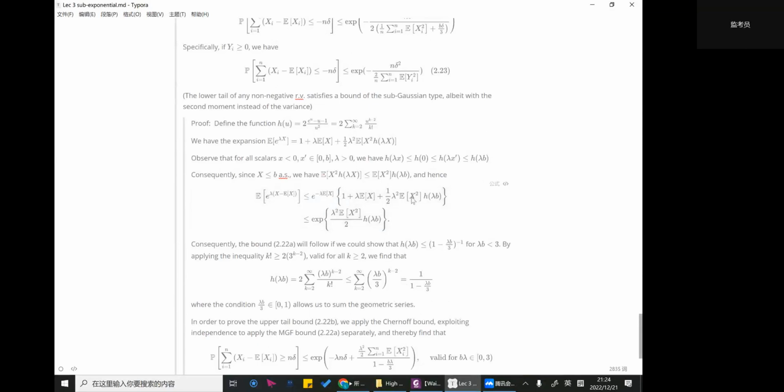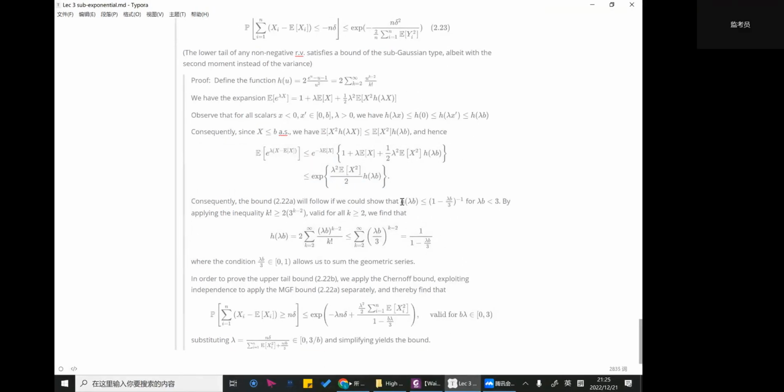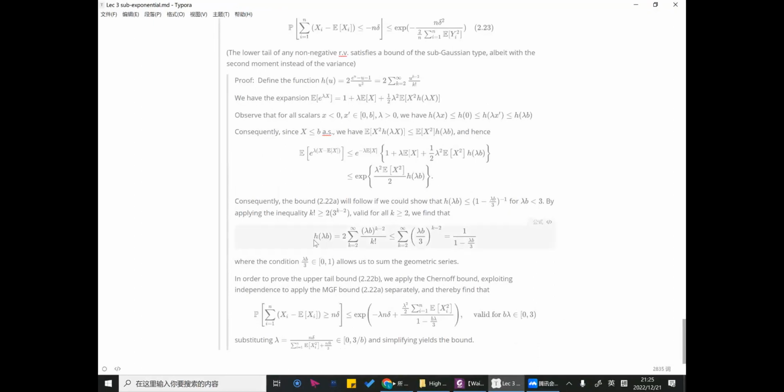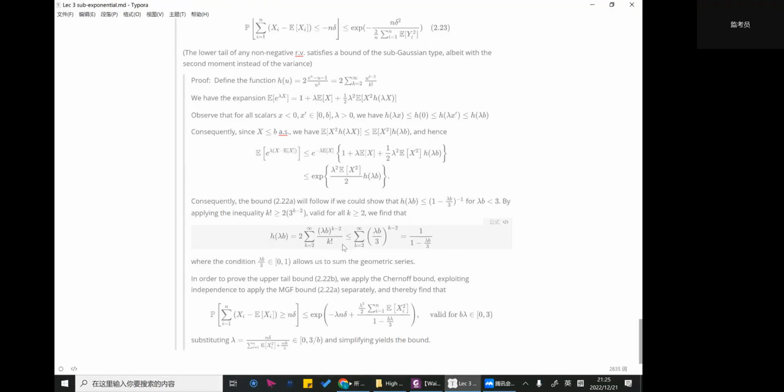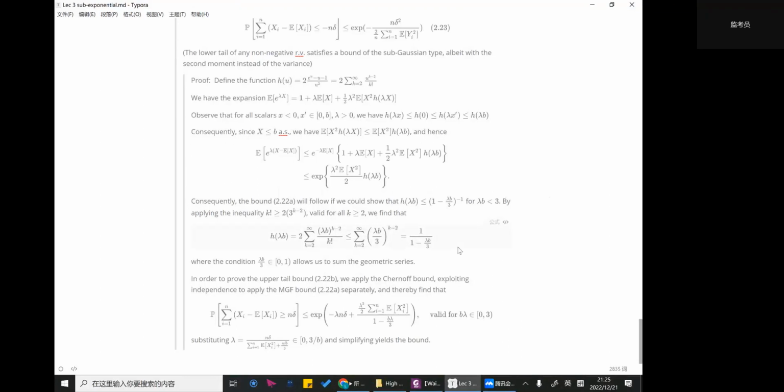So by summation, we get these results. Then we show this. H lambda b here is right. The power series, and also by some inequality, we get the final results.